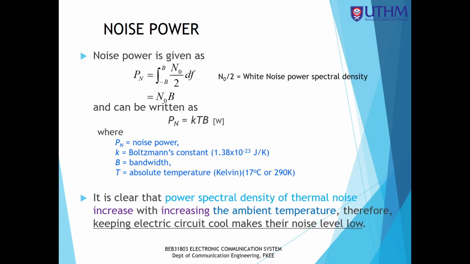Noise power, this is very important. Noise power is given as Pn or N equal to the integral from the lower bound of the frequency bandwidth until the upper bound of the frequency bandwidth of N0 over 2 df, and you will get N0 multiplied with the bandwidth.